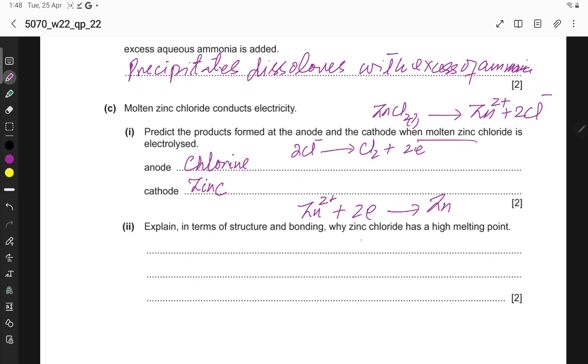Explain in terms of structure and bonding why zinc chloride has a high melting point. Structure and bonding: zinc chloride is a giant ionic lattice. This is the structure.